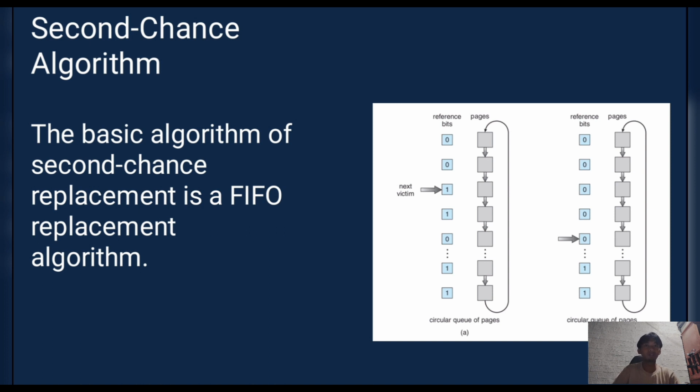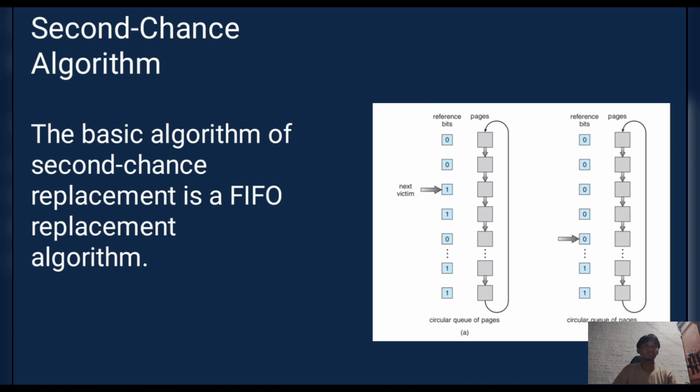But if the reference bit is set to 1, we give the page a second chance and move on to select the next FIFO page. When a page gets a second chance, its reference bit is cleared and its arrival time is reset to the current time.